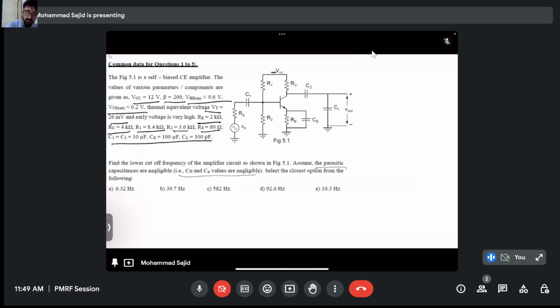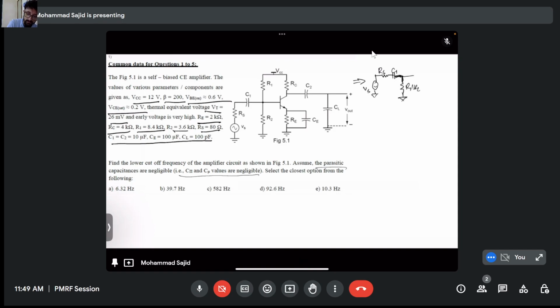And if I had to draw the equivalent circuit for this one, I will write here. I'm not ignoring capacitances here because we have to find the cutoff frequency. When you have to find the cutoff frequencies, you should draw the equivalent circuit with capacitors as well. This is our problem.